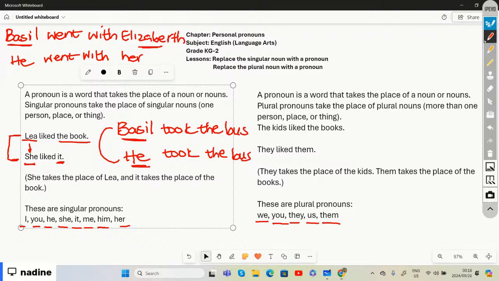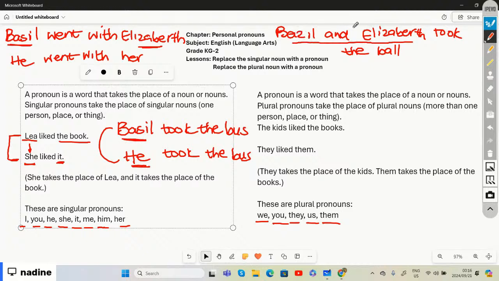If we say Basil and Elizabeth took the ball, then instead of saying he and she, we're going to say they, because now two people are doing something, so we say they.